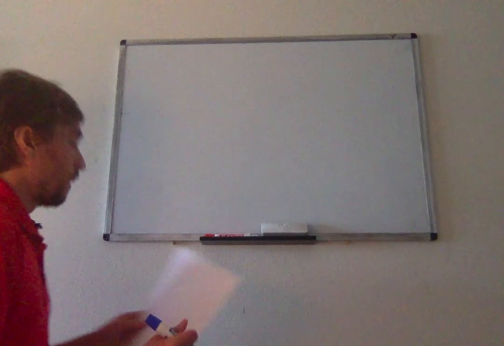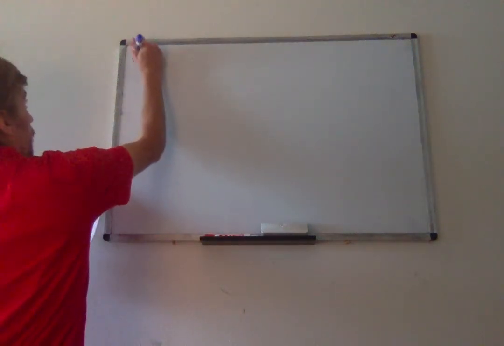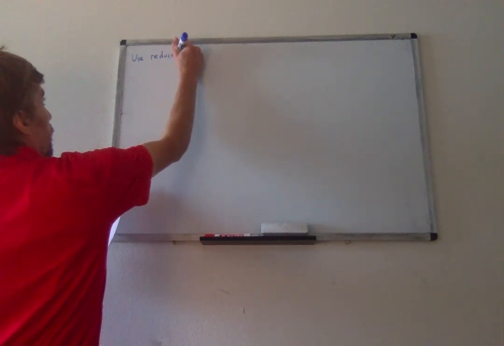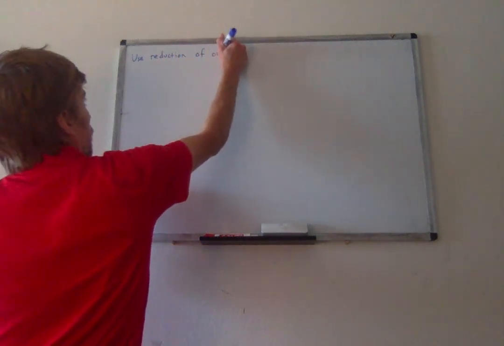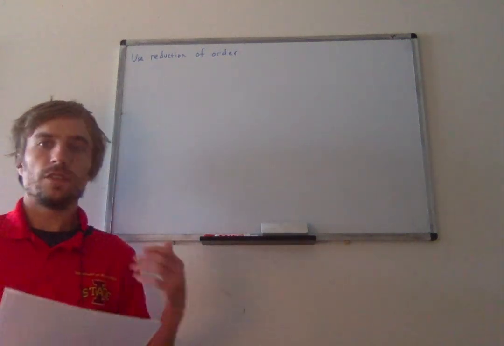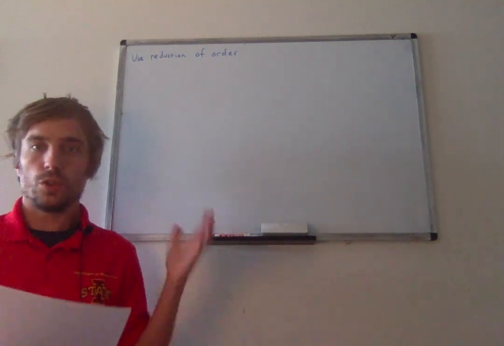So we want to use reduction of order. I described this method, like I said, in last week's video and on last week's worksheet, so I won't go too in depth.